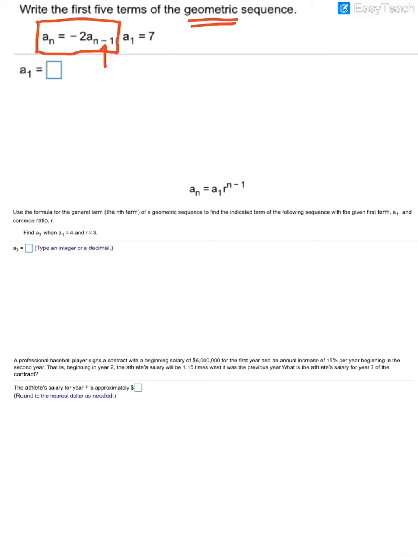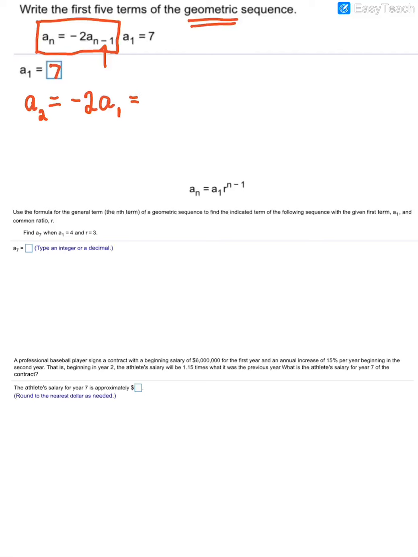They told me the first term was 7, and they're asking me for the first 5 terms. If you plug into the formula for the next one, a of 2, my n is 2, it says take -2 times a of 2 minus 1, which just says -2 times the first term.